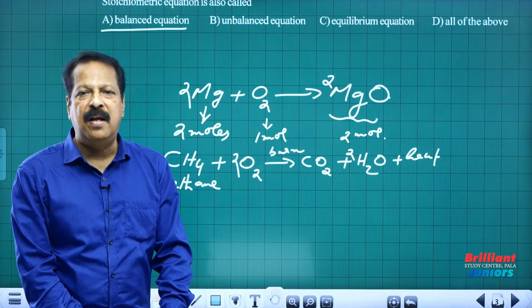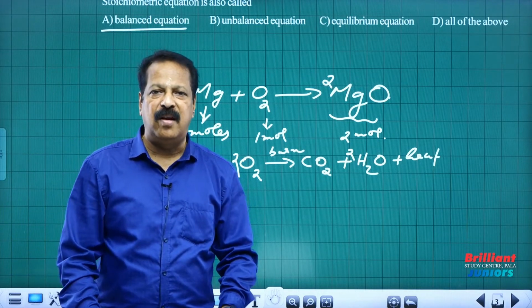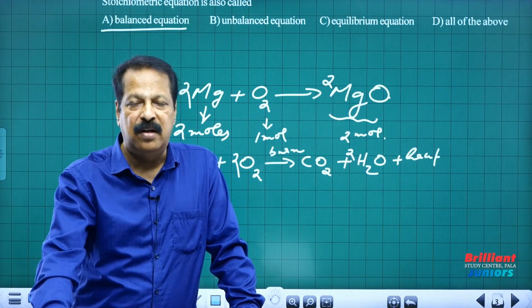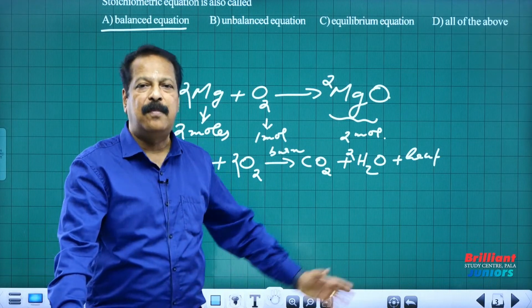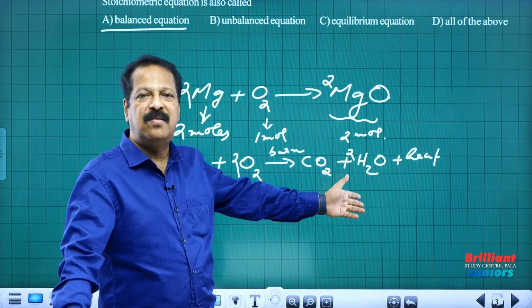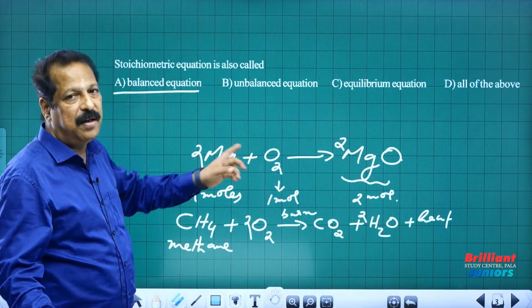Whenever you burn any material, heat will be liberated, so the enthalpy of combustion is always negative. The negative sign shows an exothermic reaction. So the process is exothermic, and here the answer is balanced equation.